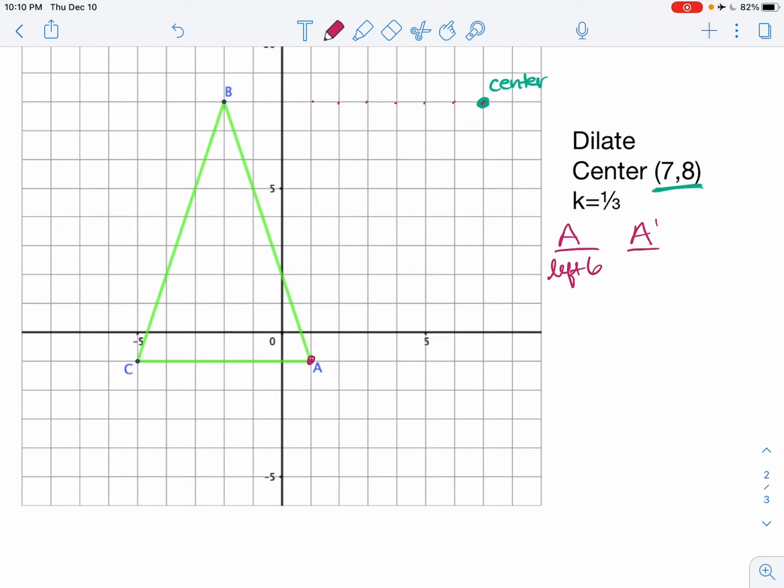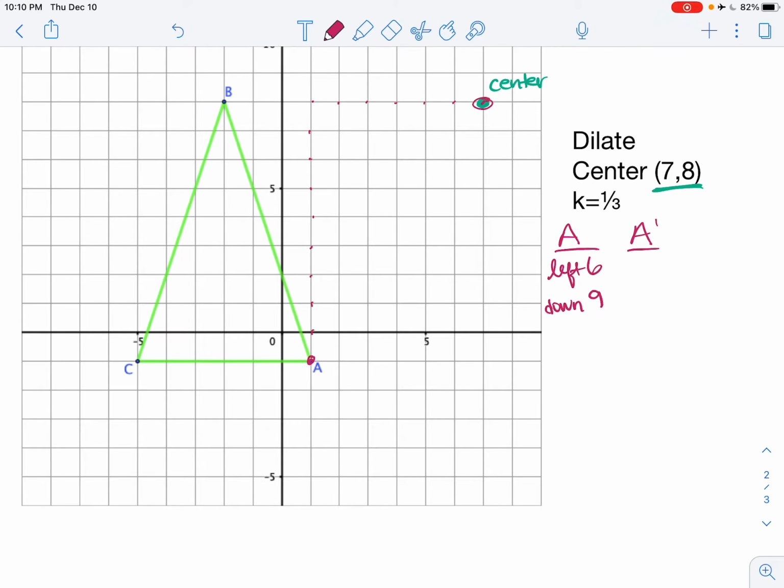So left 6 and down 1, 2, 3, 4, 5, 6, 7, 8, 9. So left 6, down 9. Again, the direction that I'm counting is starting at the center and going to point A. For this example, the scale factor, the value of k, is 1/3.